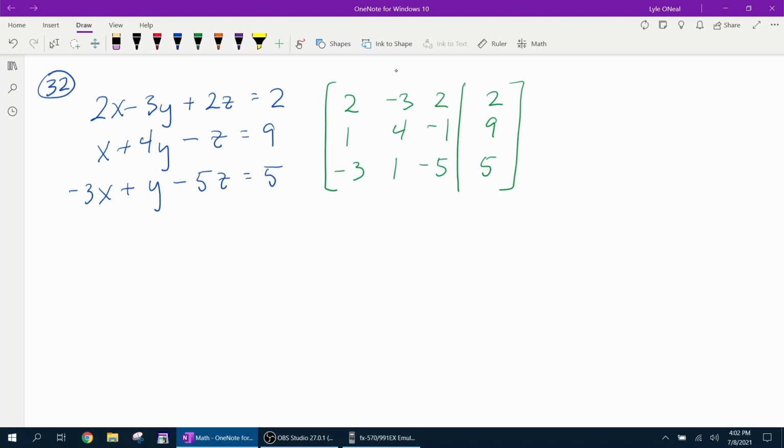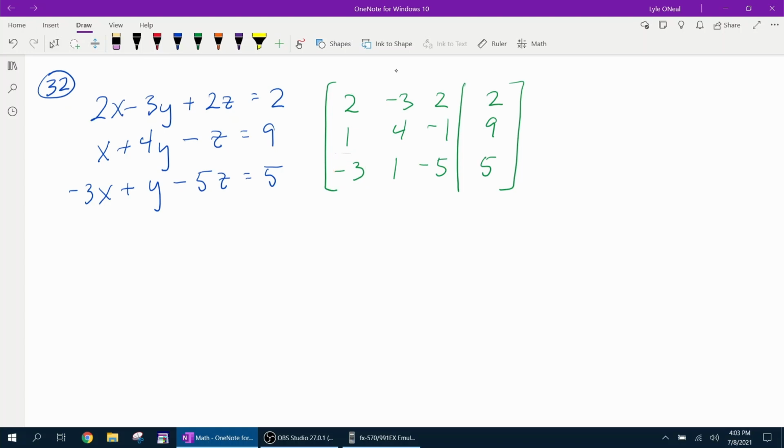Now, just like chess, it wouldn't hurt to think a couple of moves ahead. So once this element becomes a 1, the next 2 objectives will be to get these 2 numbers to become 0. That is our strategy to start with, is to get the first column the way it needs to look.